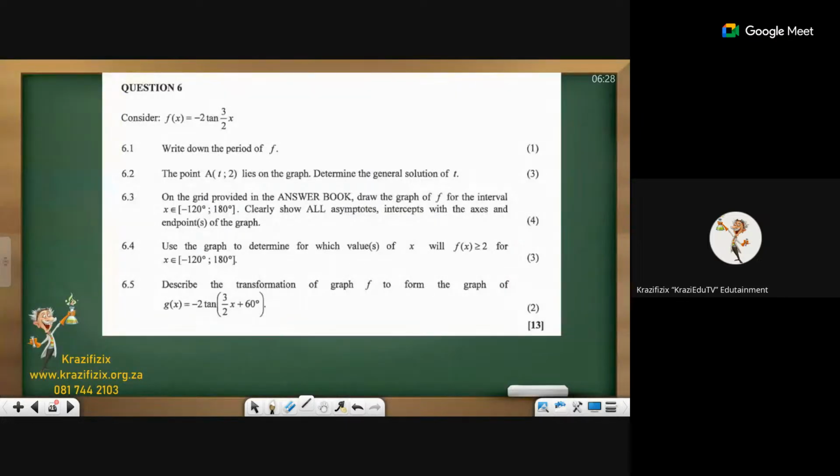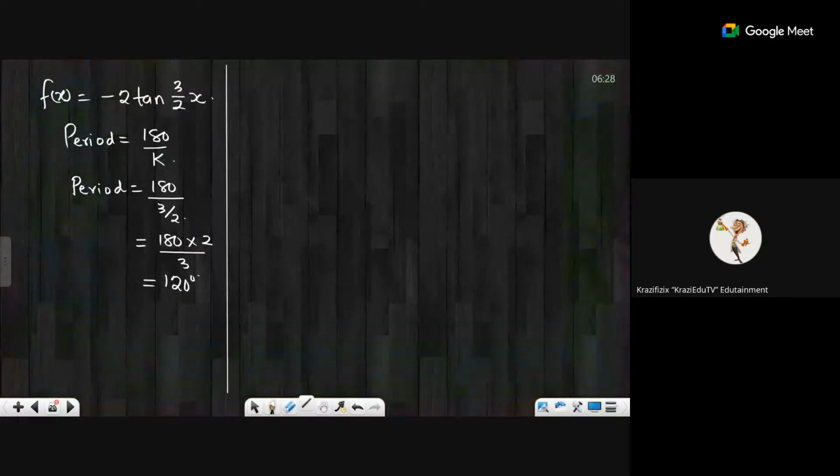Okay. The examiner says the point A, which is (t; 2), lies on the graph. Determine the general solution of t. And what do we know? We have our x and we have our y. Our x is t and our y is 2. I'm just going to take some 3 minutes from you guys. All right.